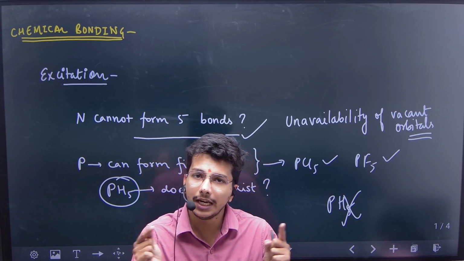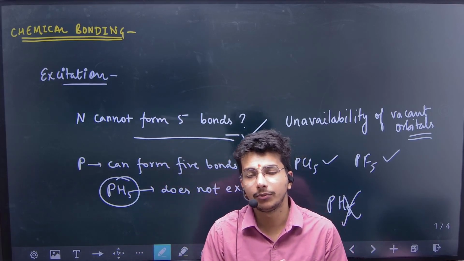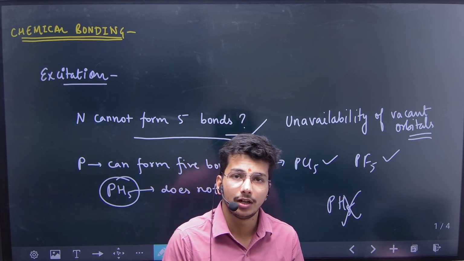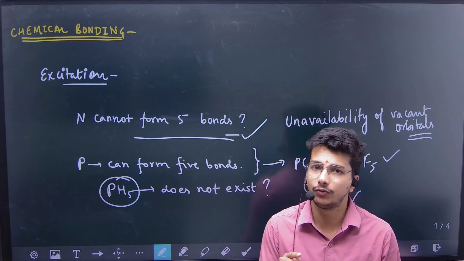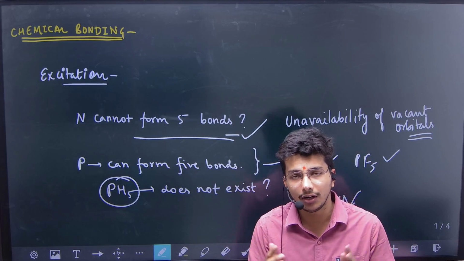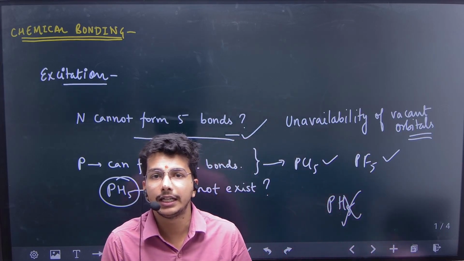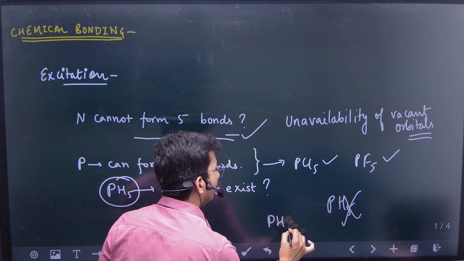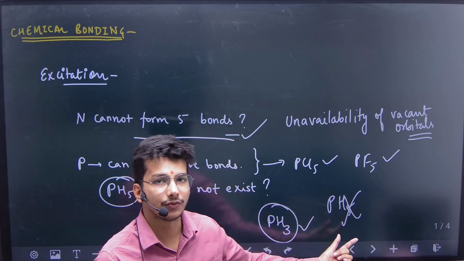It can be made accessible by using more electronegative side atoms, for example chlorine, fluorine, etc. But hydrogen, not being sufficiently electronegative, cannot create delta positive charge on phosphorus. Hence charge contraction cannot take place, and phosphorus cannot form 5 bonds. Phosphorus can only form PH3 with hydrogen and not PH5.